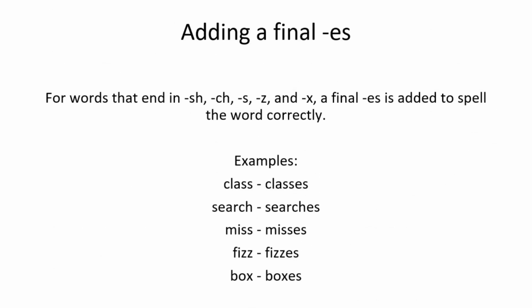When we add the ES, it's for words that specifically end in SH, CH, S, Z, and X. For example, class, classes. Search, searches. Miss, misses. Fizz, fizzes. And box, boxes.